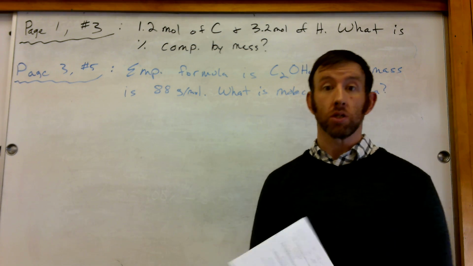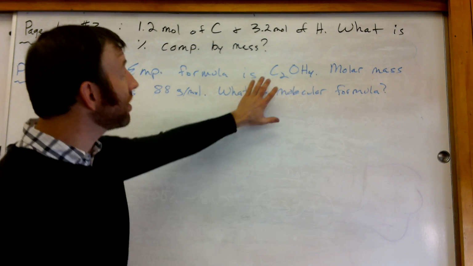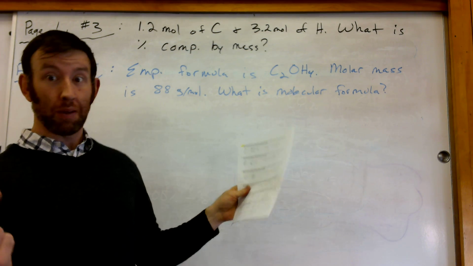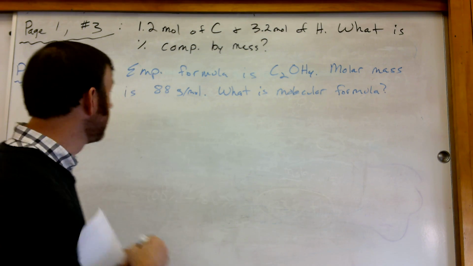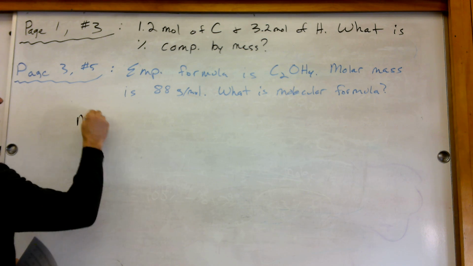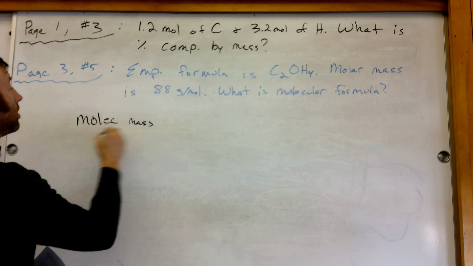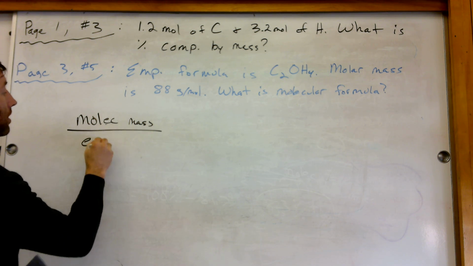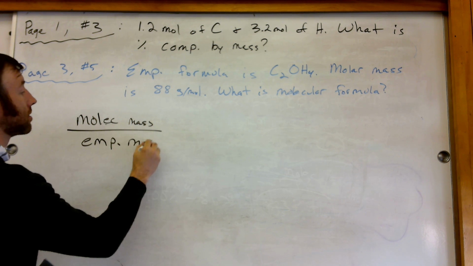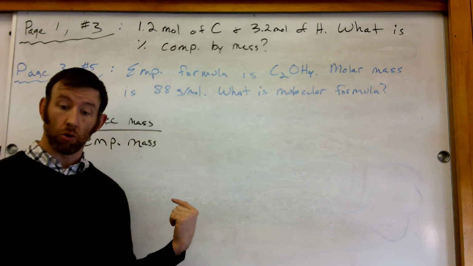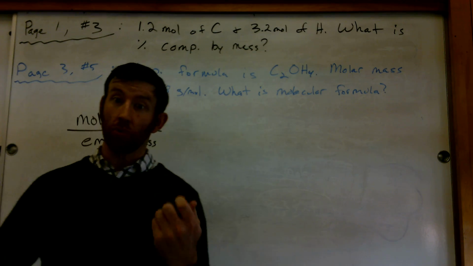So what we do is, this is our formula. If we already know our empirical formula, this is basically a two-step thing. It's simple, right? It's molecular mass over empirical mass, okay? Or we could do molar mass over empirical mass. Either way, it's either AMUs or grams.